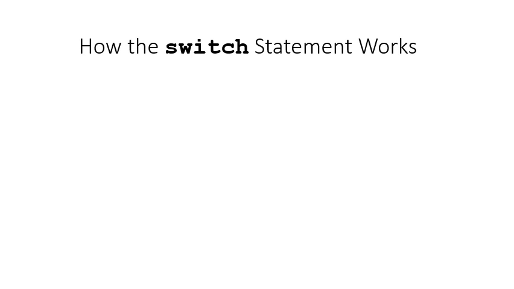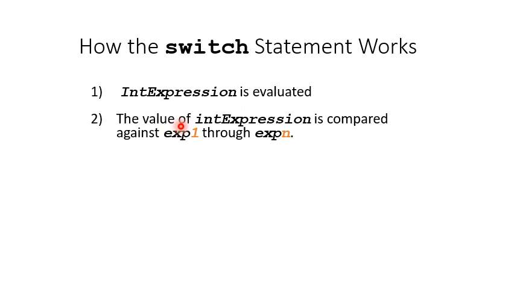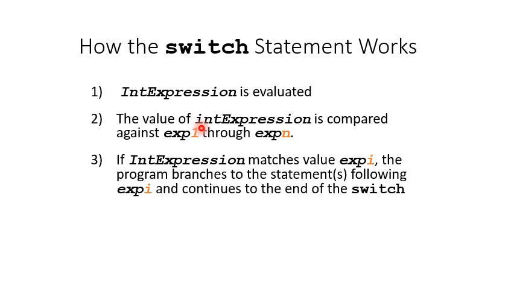How the switch statement works. So first, the integer expression is evaluated. Next, the value of the integer expression is compared against expression 1 through expression n. And third, if the integer expression matches the value of, for example, an inputted value of the user, the integer expression I, the program branches to the statements following the expression I and continues to the end of the switch.